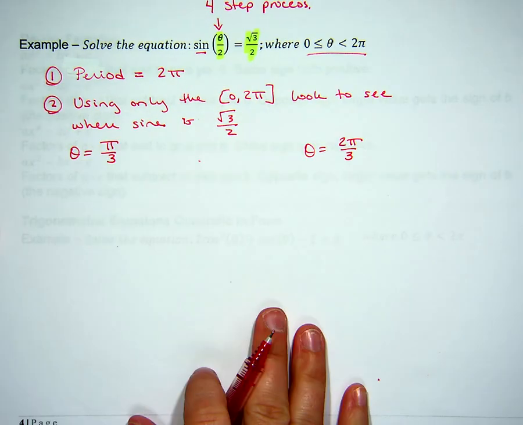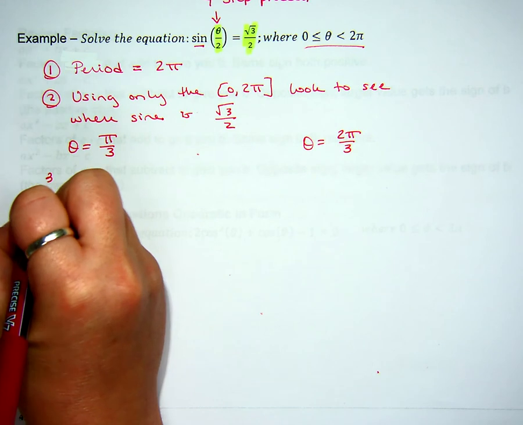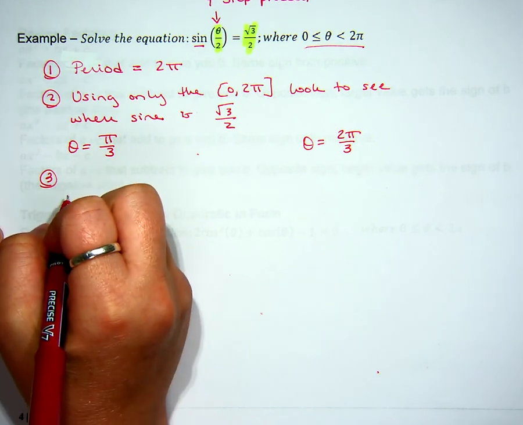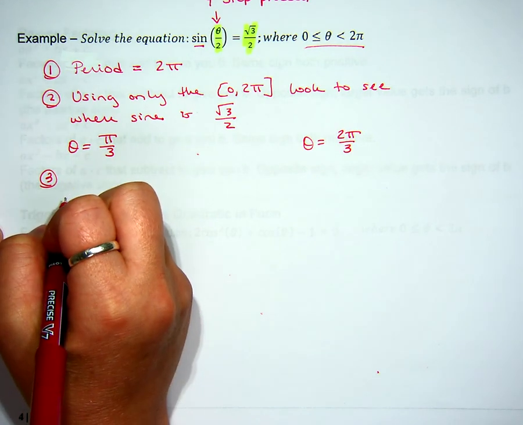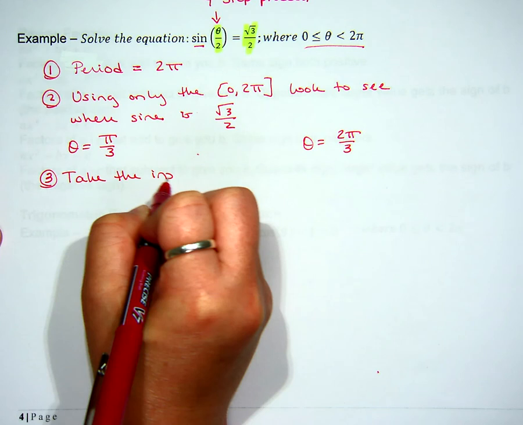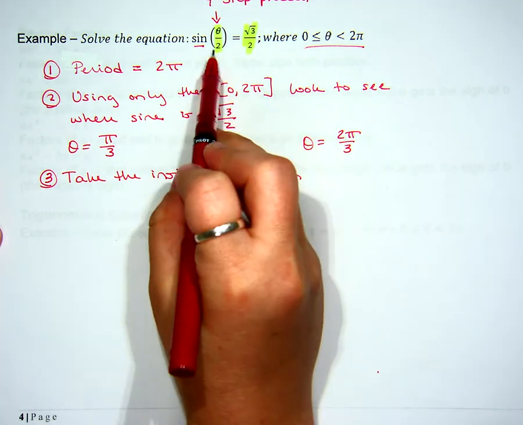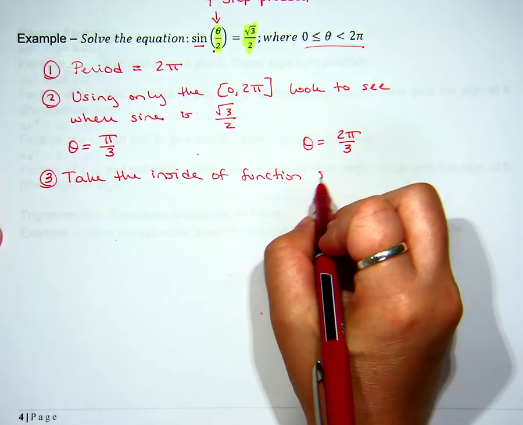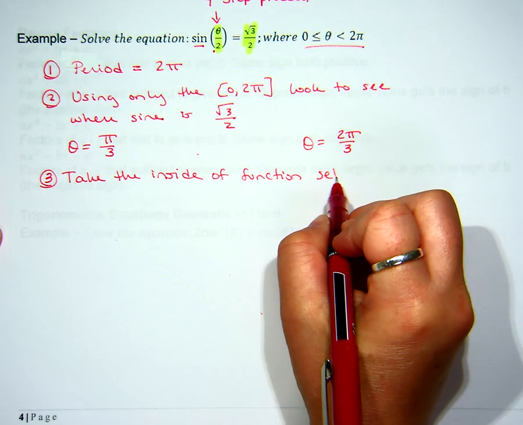That means I have two angles for which this solves, which means that for step 3 I'm going to have two equations. Remember, step 3 was to take the inside of the function, theta over 2 in this case, and set it equal to the angle.